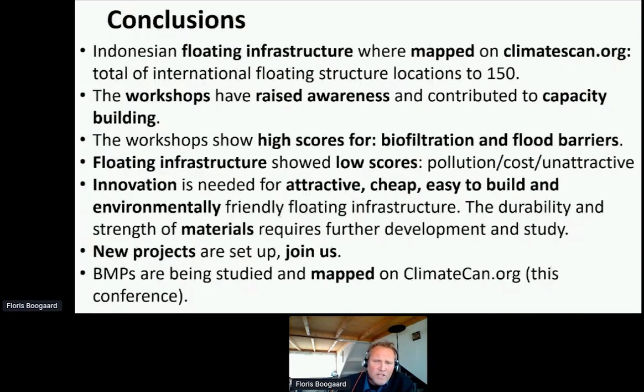So we're looking for attractive, cheap, easy to build and environmentally friendly homes. We will study materials, especially with Inisula, with Pa Imam, and new projects are set up. And I'm very happy with this conference, of course, having a network that could join us in this quest for implementation of floating infrastructure in a very good manner that residents would really be enthusiastic about.